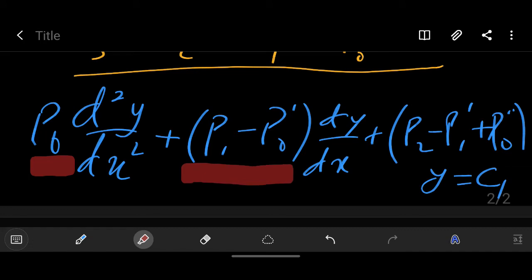After P0, the first coefficient is P1, so the second coefficient is P1 minus the first derivative of P0, and then P2 minus P1 first derivative plus P0 second derivative. If there is any other coefficient, it would be P3 minus P2 first derivative plus P1 second derivative minus P0 third derivative, and so on. So we'll get this one.